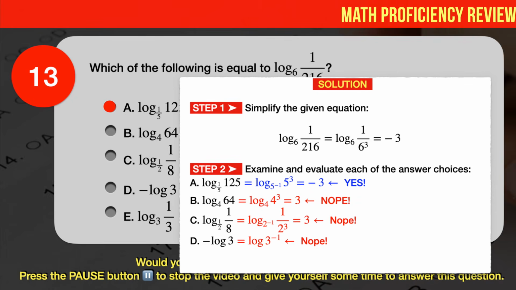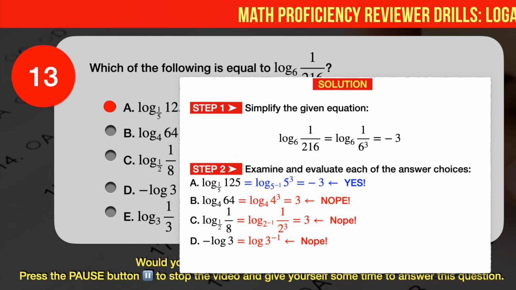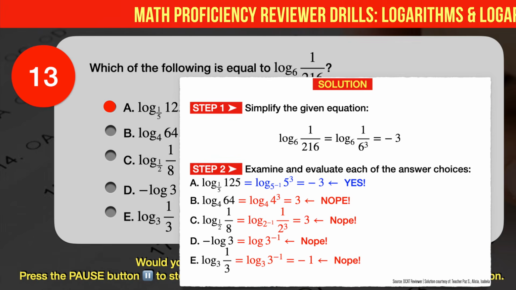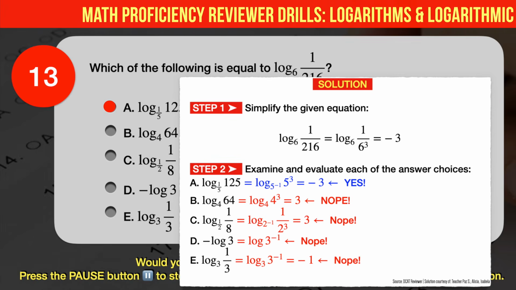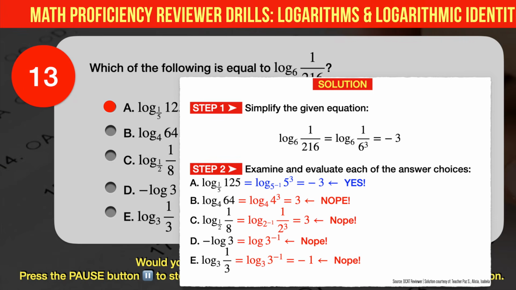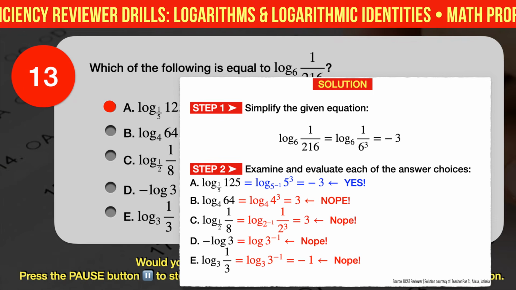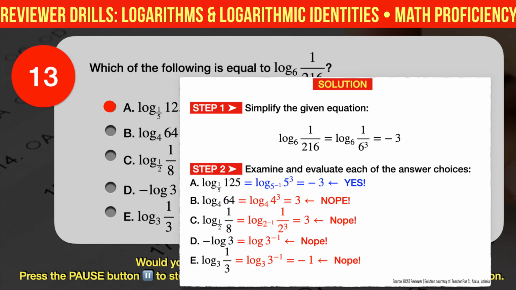This can neither be simplified further nor expressed differently, so no, this is not equal to our given expression. Choice E. Logarithm base 3 of 1/3 can be expressed as logarithm base 3 of 3 raised to negative 1, which is further equal to minus 1. This is also not equal to our given expression.